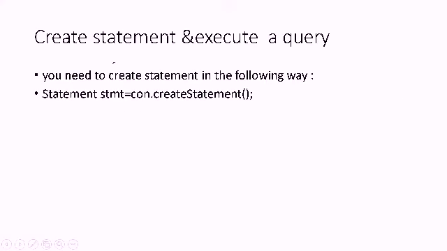Then you need to create a statement and execute a query. To create a statement, you write Statement stmt = con.createStatement. Then whatever you want to execute, as discussed earlier, you can use an insert statement or a create statement, anything.